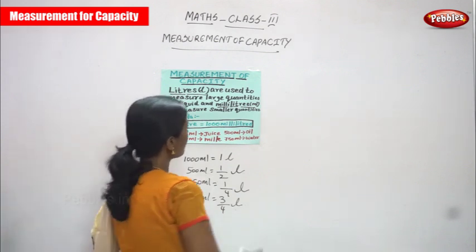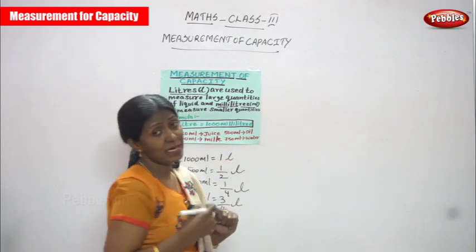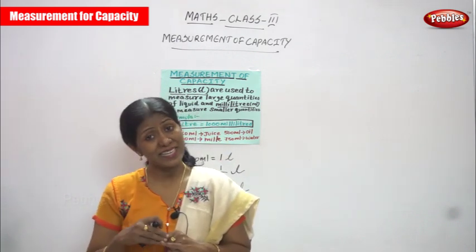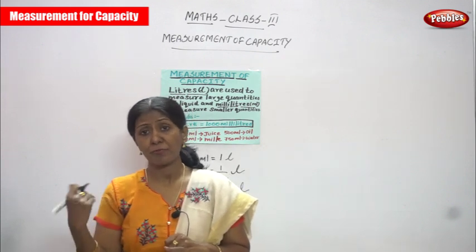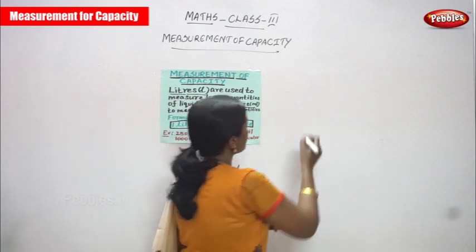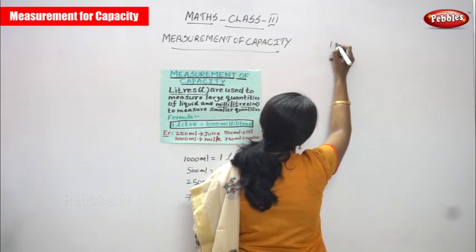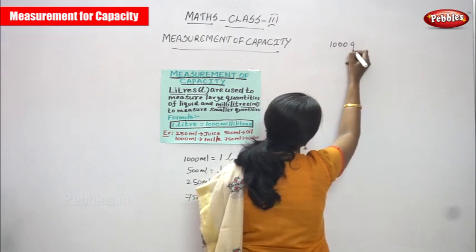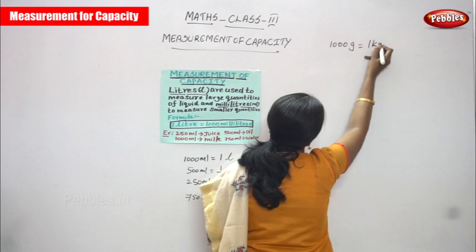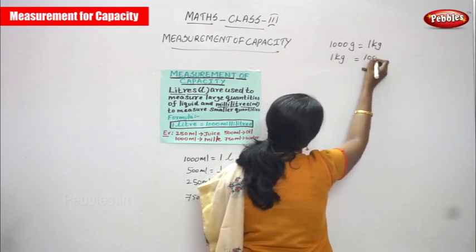Okay, after that, we have seen in the last class measurement of length and measurement of mass, that means weight. I want to write the formula once again so you remember: 1000 gram is equal to 1 kg, or else 1 kg is equal to 1000 gram.